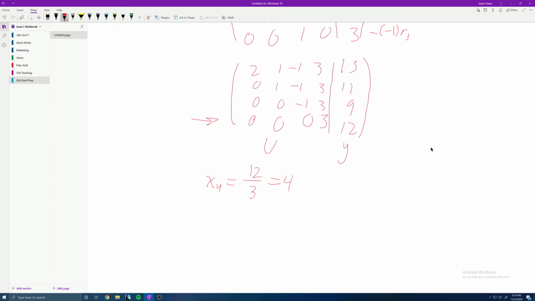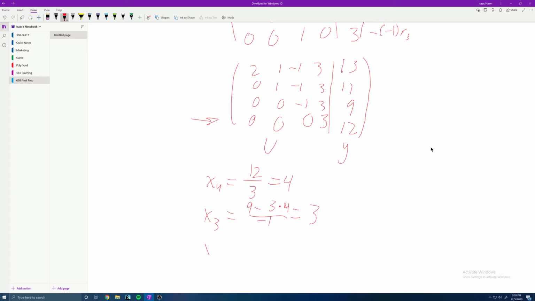x3 we get from that third row. So that's going to be 9 minus 3 times x4, 3 times 4, over negative 1, which is going to give us minus 3 over minus 1, which is 3.